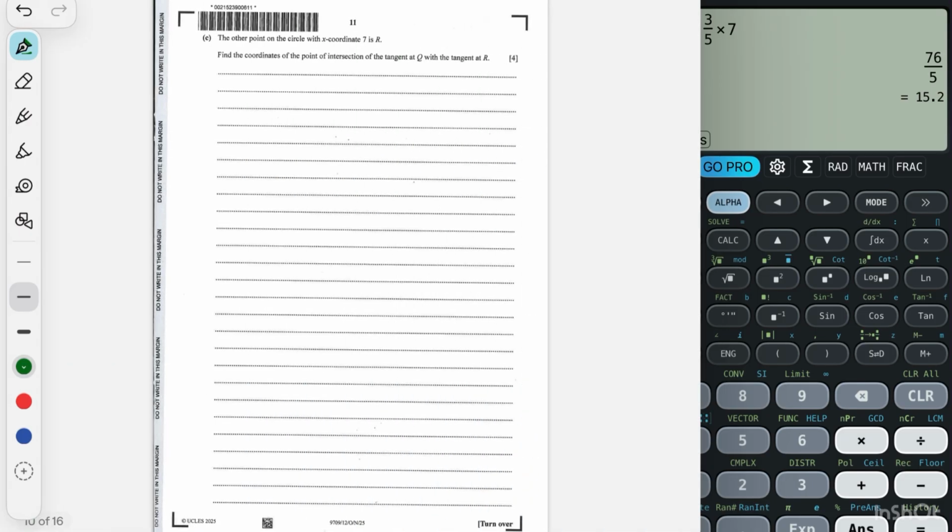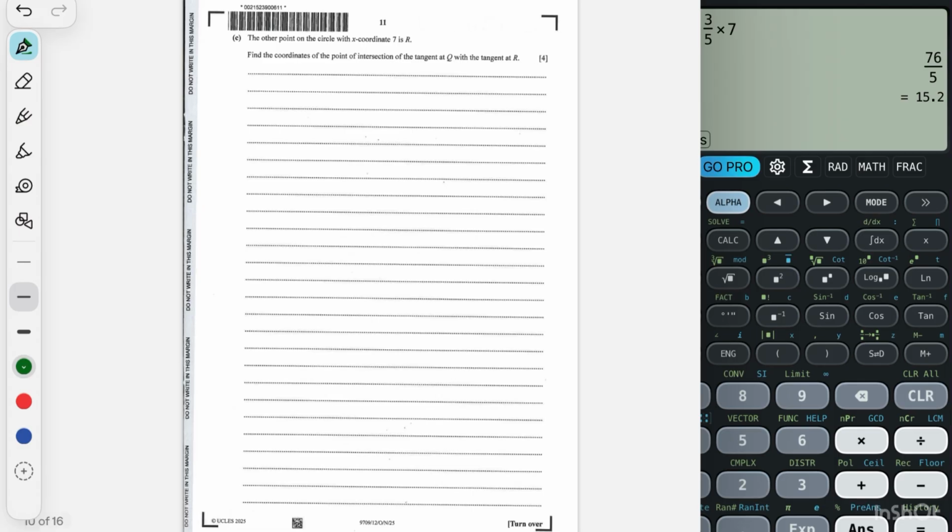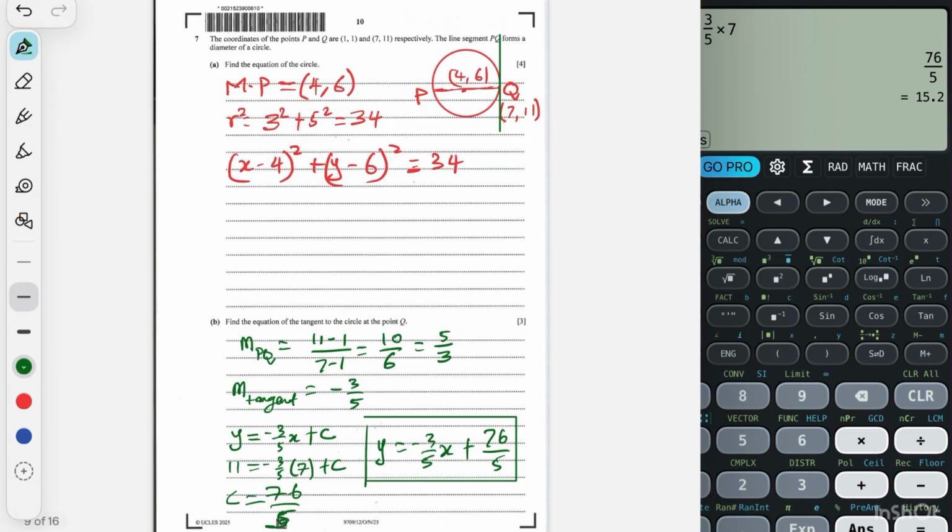All right. For part C, the other point on the circle with x coordinate 7 is R. So there's another point on the circle where the x coordinate is also 7.